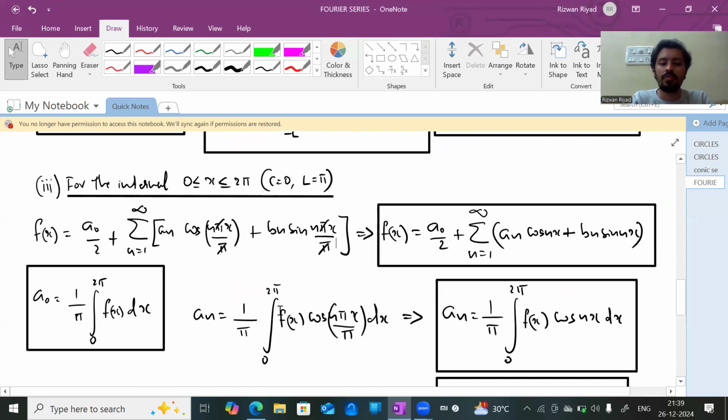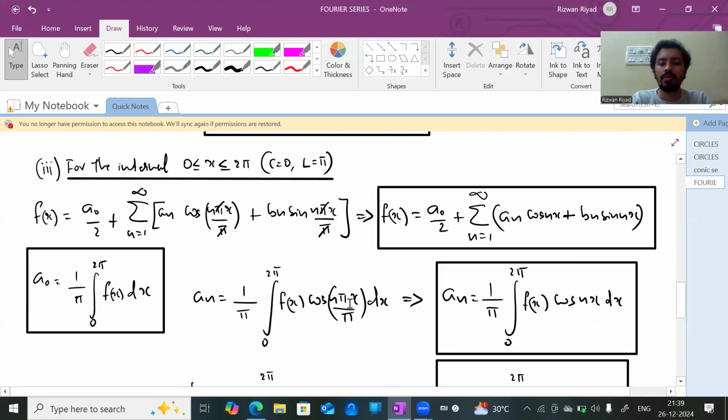Same changes you can see with an and bn. So an is equal to 1 by L, which becomes 1 by pi, 0 to 2L becomes 0 to 2 pi, f of x cos n pi x by L becomes cos n pi x by pi dx. Here also you can cancel this pi and this pi.